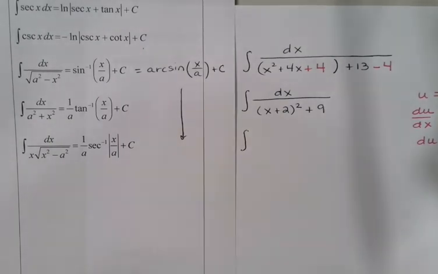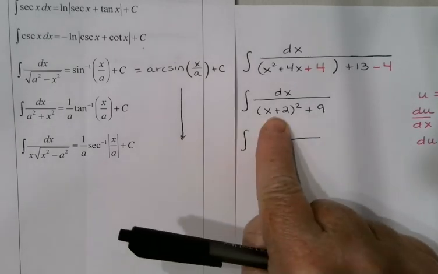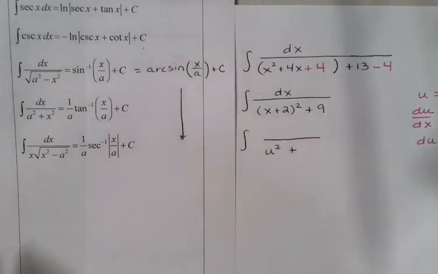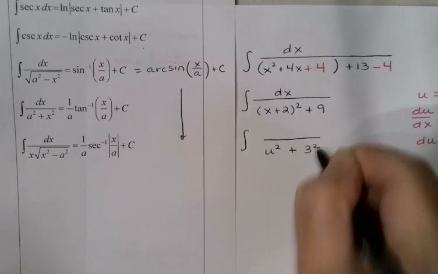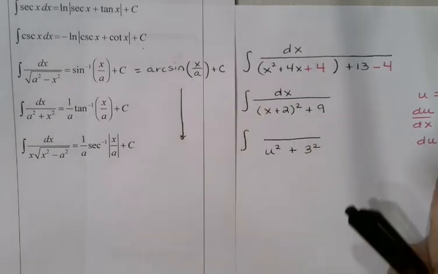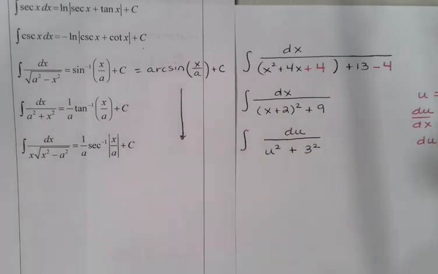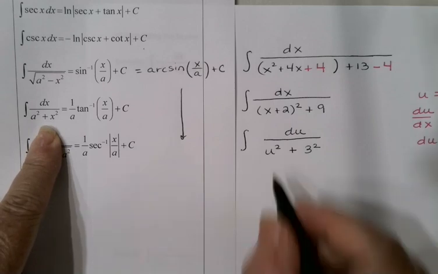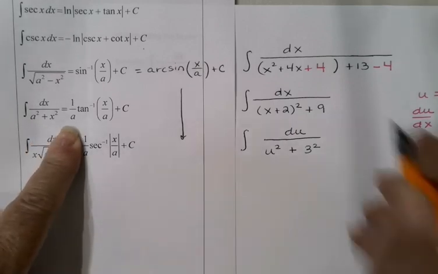My integral then, I'll replace the x plus 2 with u, so this is u squared. And just because I know where I'm going with this, I'm going to write the 9 as 3 squared. The dx just becomes du. I now have a really good match for this integral. So I'm going to get 1 over a. Notice here that my a is 3.